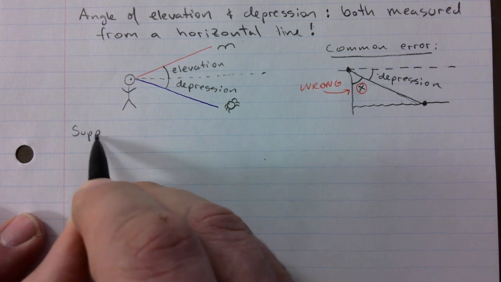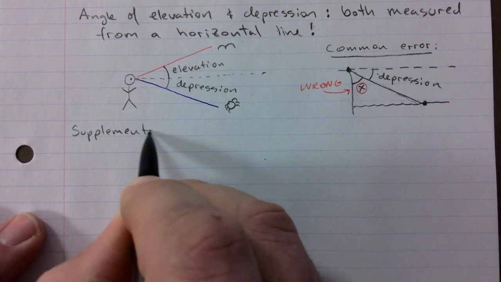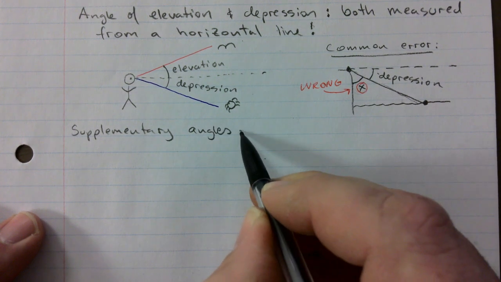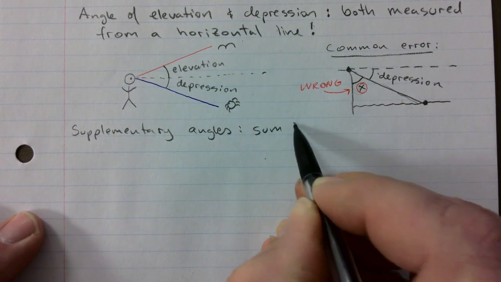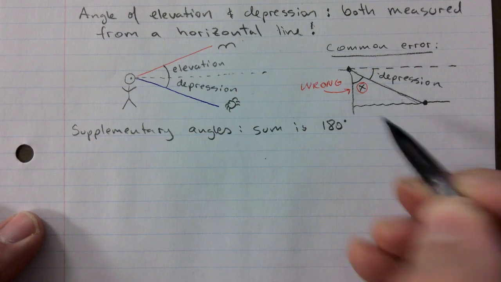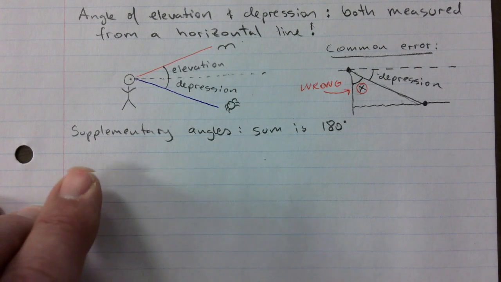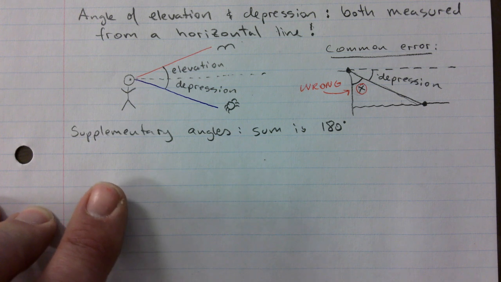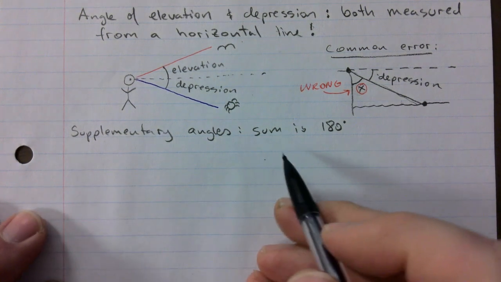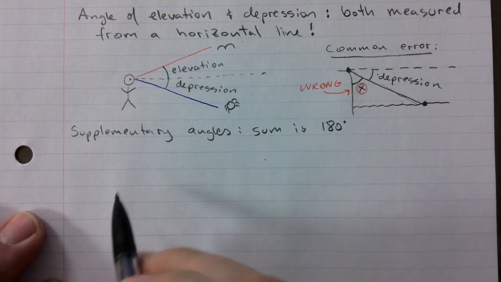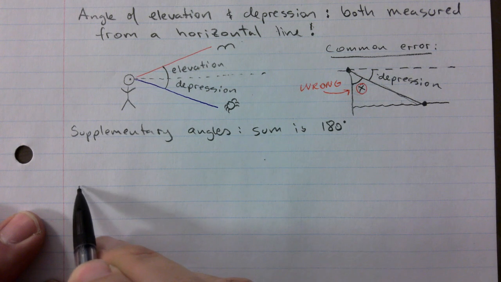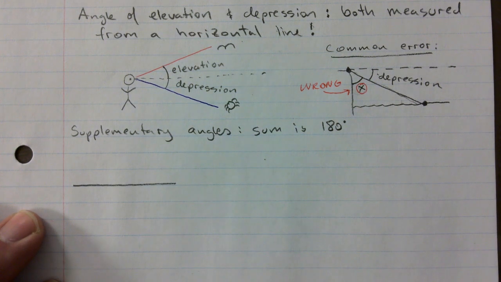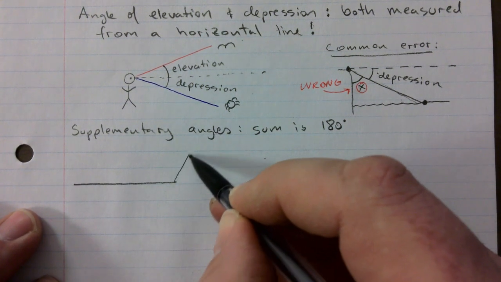Supplementary angles. What do they add up to? 180. It is right to complement someone. So complementary is 90, and the supplementary, they add up to 180. And so in particular, I can think of an instance like this where there's the ground, there's the pole, right?